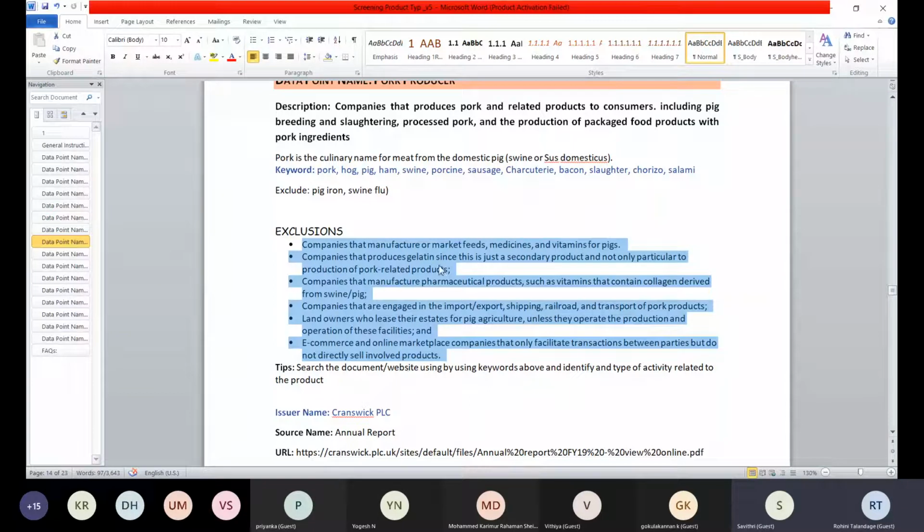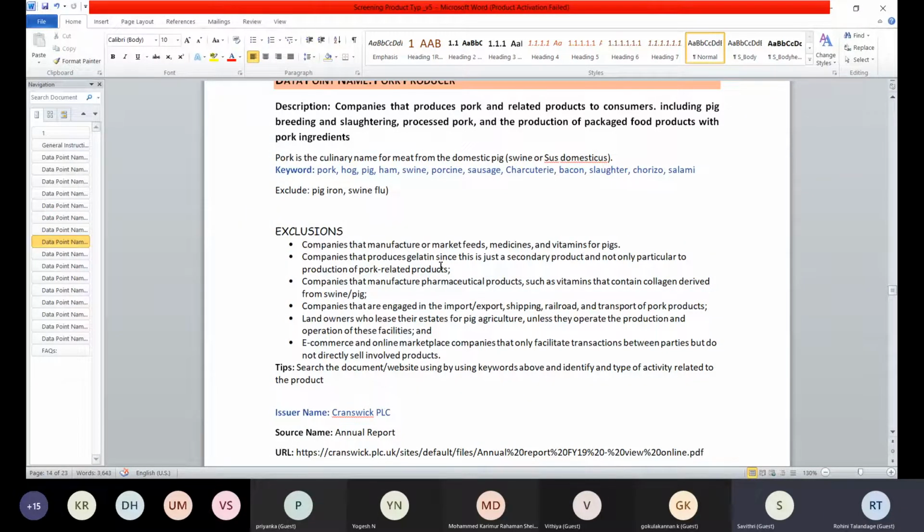In this case, we have to mark it as no. Again, companies that manufacture pharmaceutical products such as vitamins that contain collagen derived from pig, this is also not the production of pork, right? So in that case, we have to mark it as no.